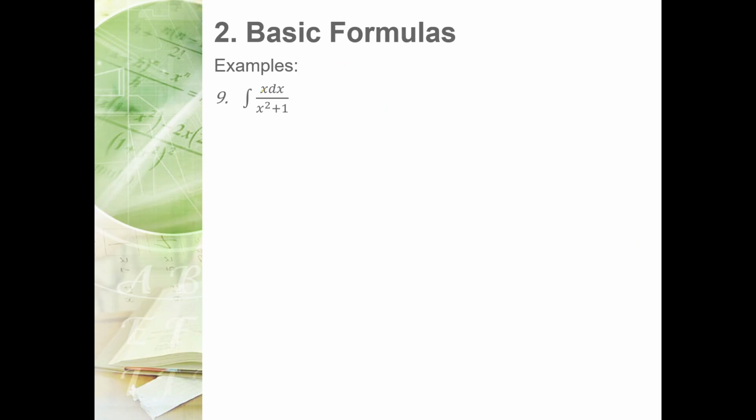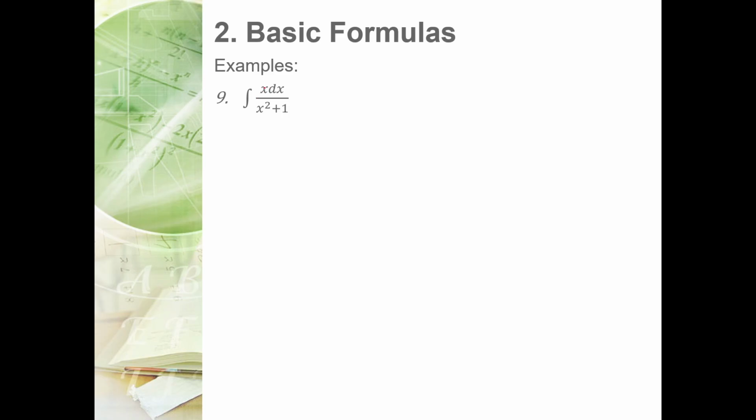Okay, so now we have the integral of x over x squared plus 1 with respect to x. So if we look at the formula, we don't have the n parameter anymore, but we can still use the u sub technique.